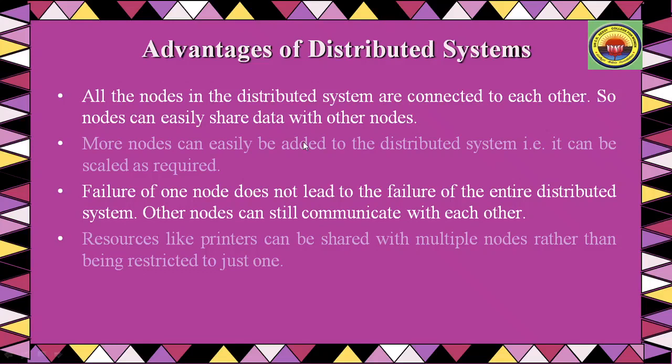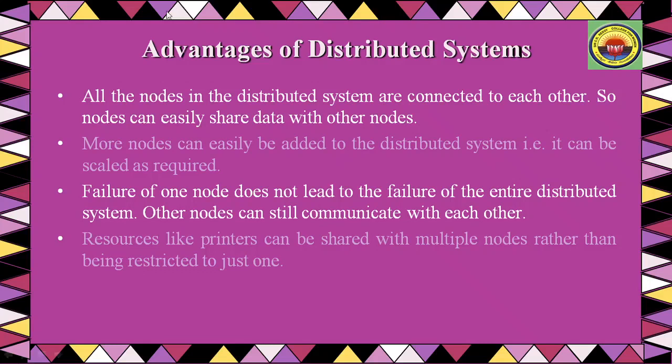Coming to the advantages of distributed systems: all the nodes in the distributed systems are connected to each other, so nodes can easily share data. Whenever you are in a WhatsApp group of your friends, you can get data such as subject material or you can share data with your friends.